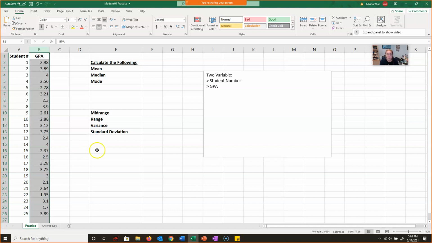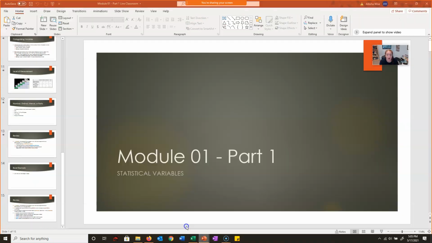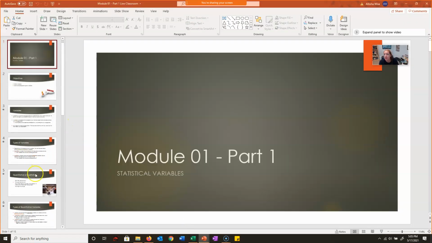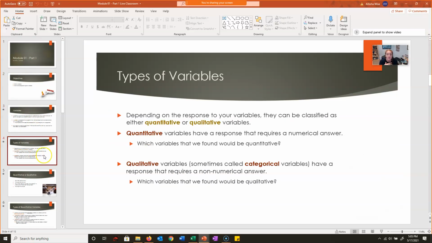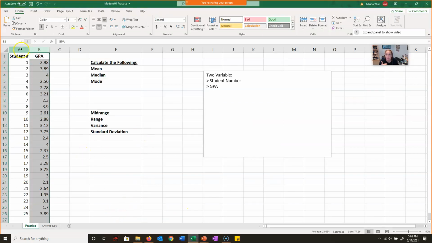Now, in part 1, we did learn how to describe these. So remember that you can categorize variables a little deeper. And the first thing we talked about was quantitative and qualitative. So recall that quantitative variables had a numerical response, whereas qualitative were non-numerical. So if we go back here to our Excel sheet, notice that both of the answers are numbers, right?